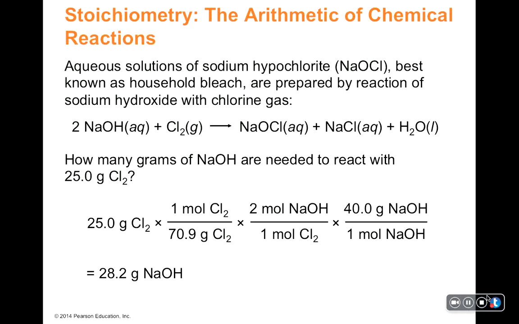And if you go back and check and cancel out all identical units that you find on the top and the bottom, you will see that you end up with grams of sodium hydroxide as the units in your answer. And that's what you're being asked for in the problem. So in terms of the math here, it's 25 grams divided by 70.9 multiplied by 2 multiplied by 40. And that will give you the 28.2.